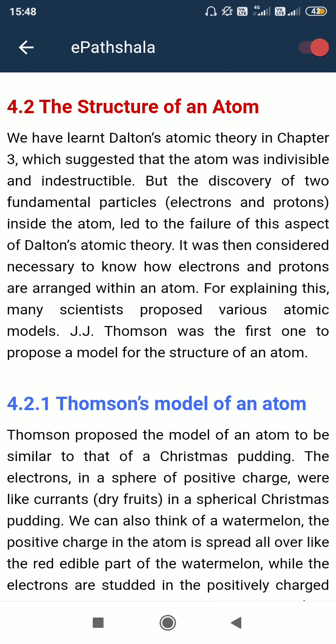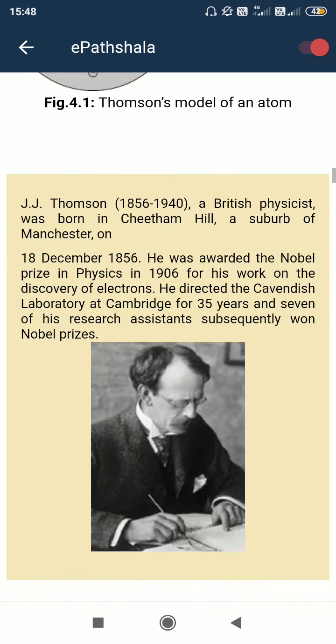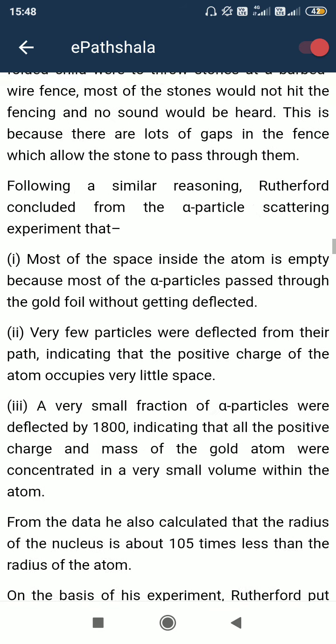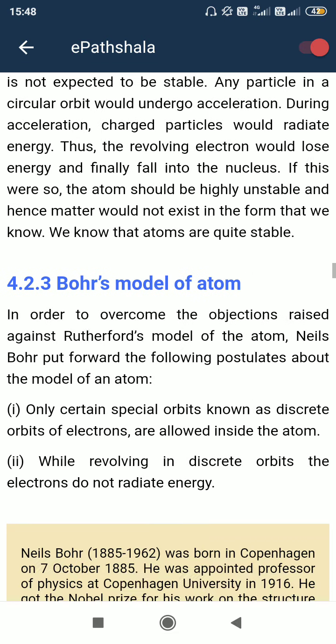According to the value of small n, we get the formula 2n square. For the first orbit, small n is equal to 1, so 2n square comes to 2.